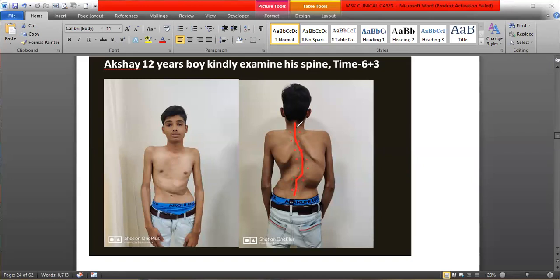After that, look, feel, then move. Move means we need to divide the spine into 3 different parts. Number 1, cervical. Number 2, thoracic, and thoracolumbar.